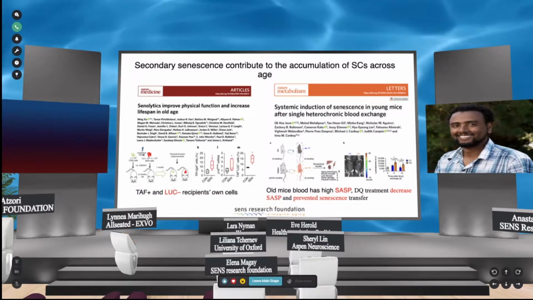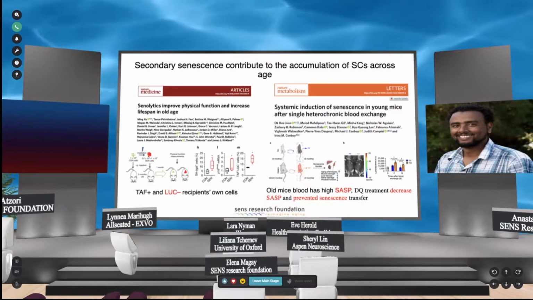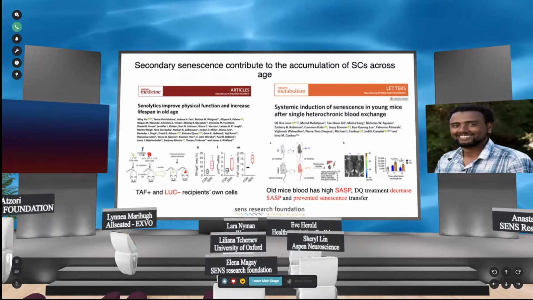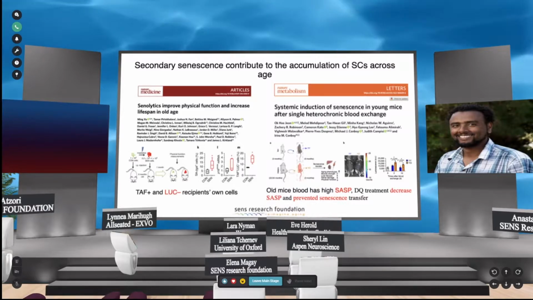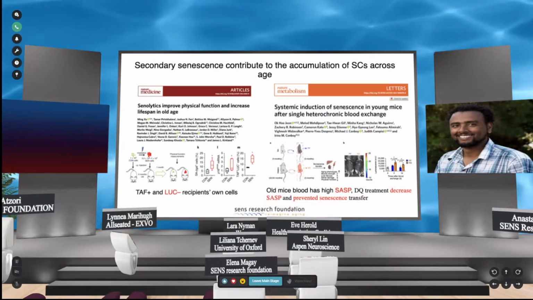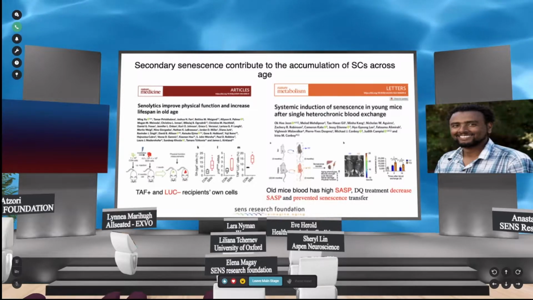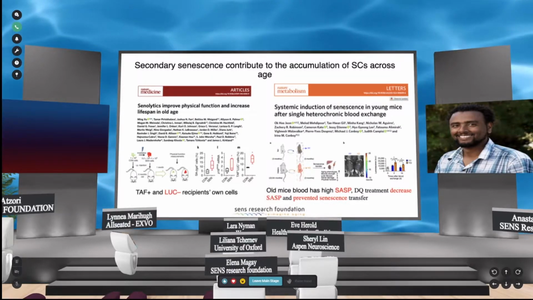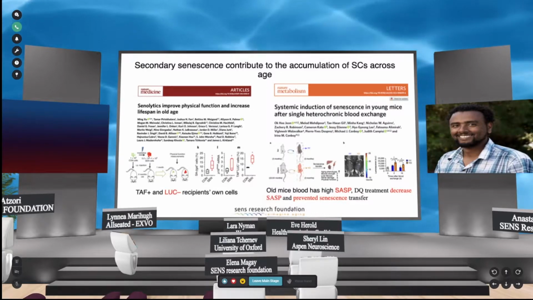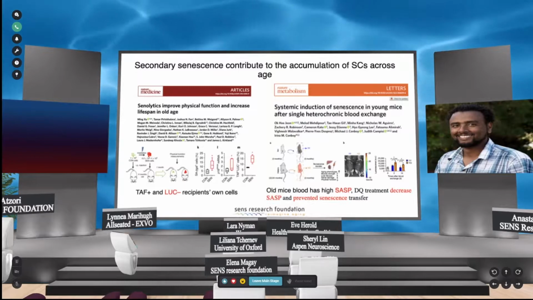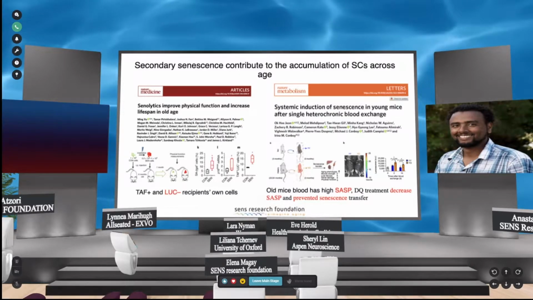For example, see this interesting study from Mayo Clinic. They showed that when they injected mice with senescent cells, where the injected senescent cells can be detected by a luciferase reporter, the senescent cell injection led to an excess amount of senescence accumulation in the young mice.